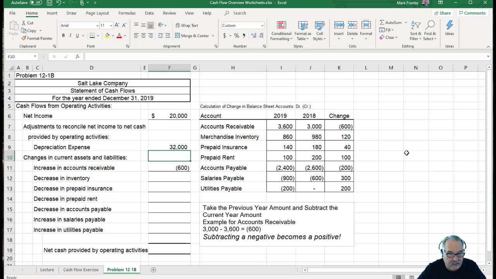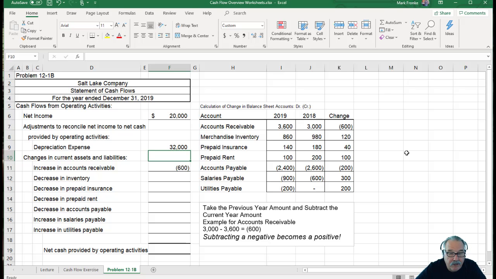So included in net income is an expense for depreciation that we didn't have to spend any money on. And that's why it's shown as a positive. We're adding that back to net income because we're trying to figure out how much cash was generated from our operations, and we're starting with net income. So we're adding back depreciation expense.